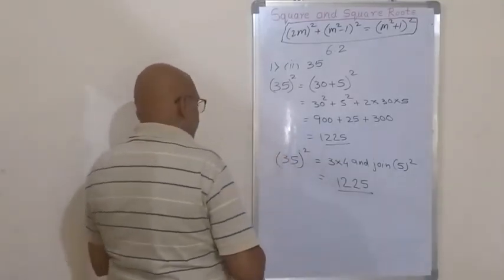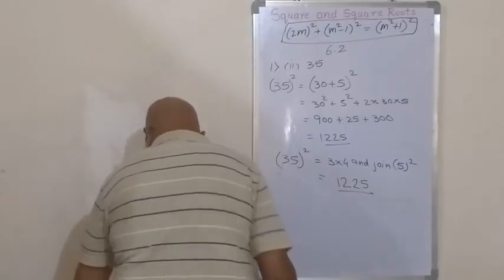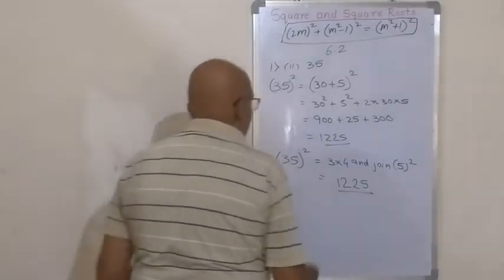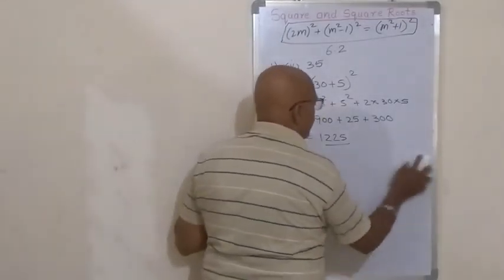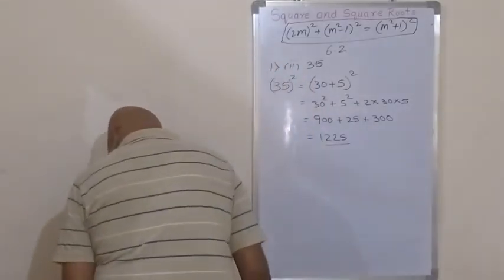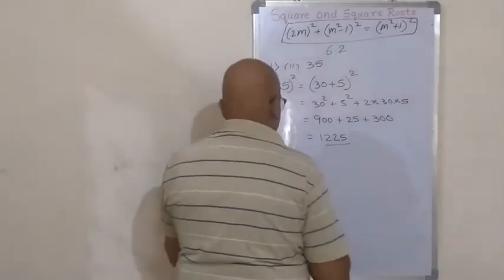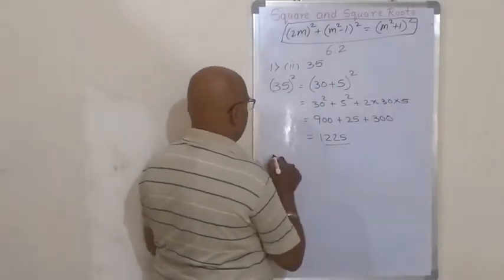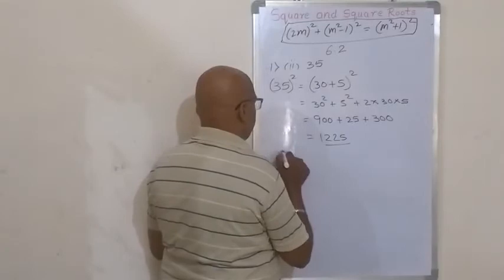Now I will go for the next example after 35. The number is 86. Third one.